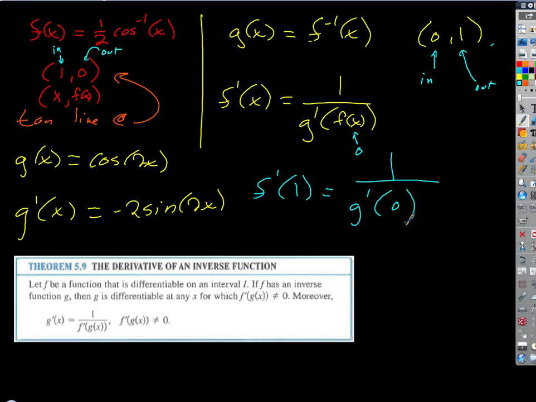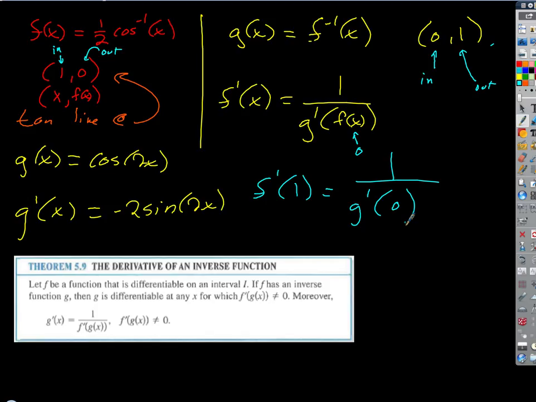I shouldn't have erased that problem. It was on the interval from 0 to pi halves, right? And they picked an a value of 1. And so when I put in 1 here, the arc cosine of 1 on that interval is 0. So I get 0 there.